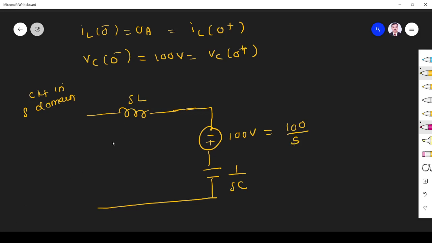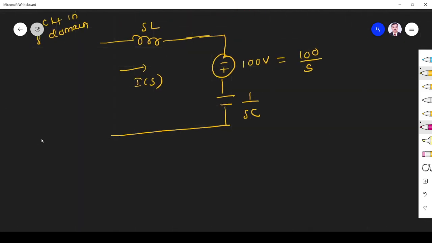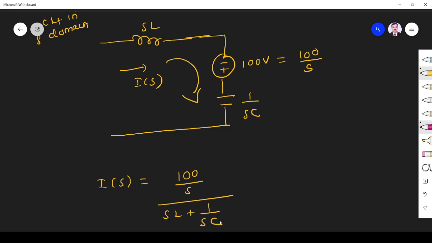Now the current through the circuit is I of S in S domain. So from this circuit, I of S is equal to, right? I is equal to V by R. So V is 100 by S divided by the total impedance, SL plus 1 by SC.